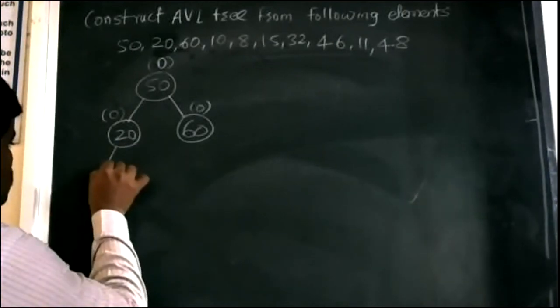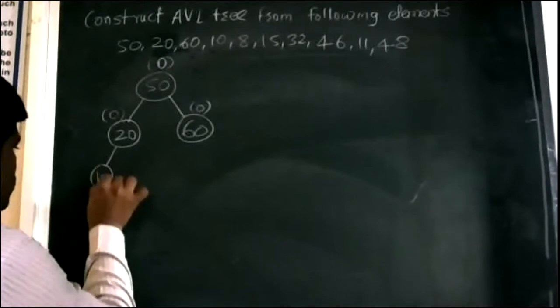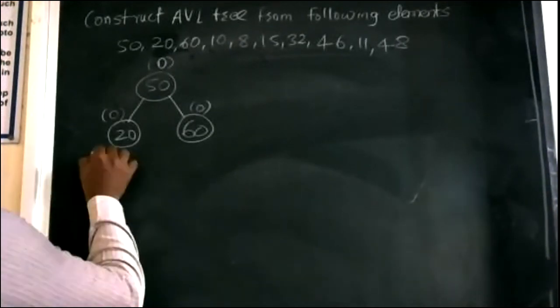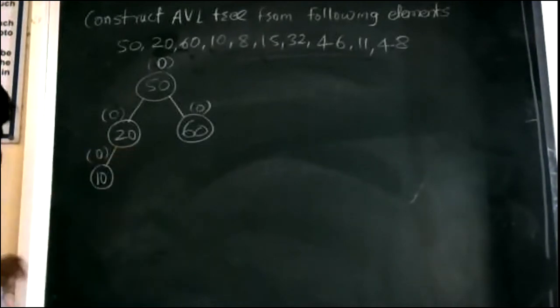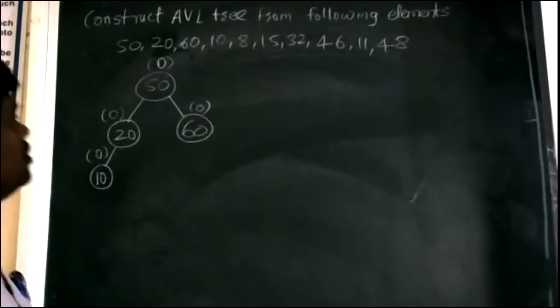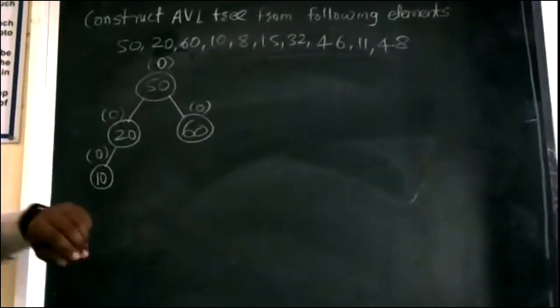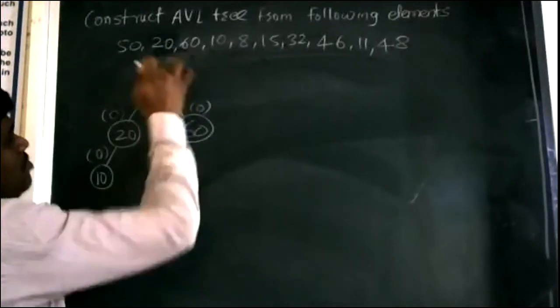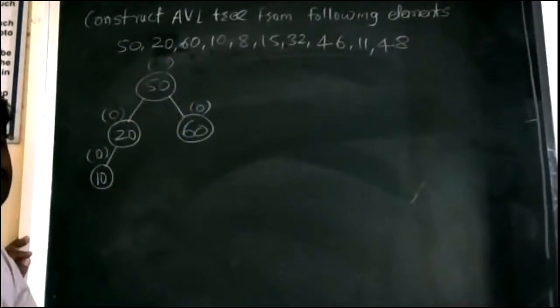What is the balance factor of 10? 0. Right. After that, next one. Next element 8, left side of 10. Sorry, here what is the balance factor? 1.